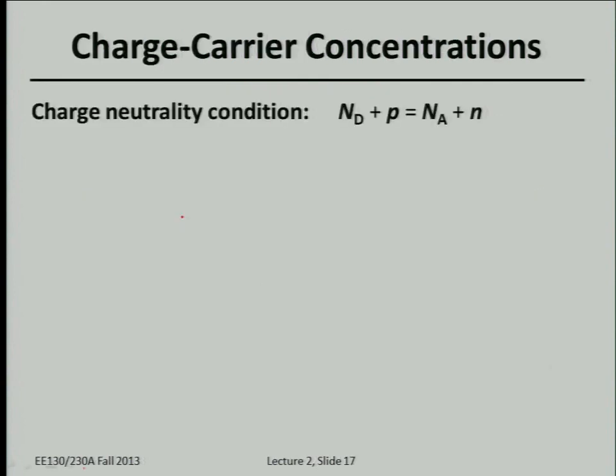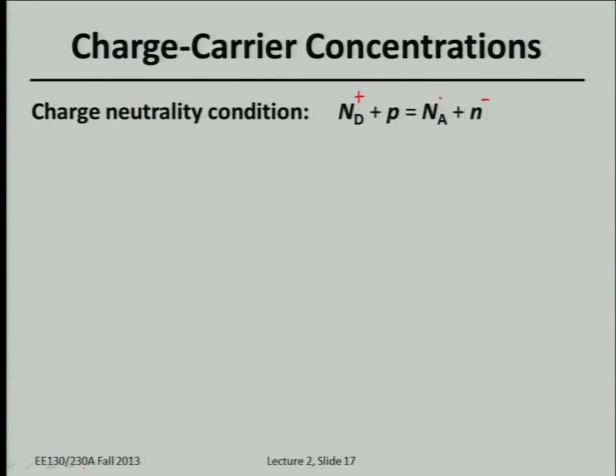Charge carrier concentration. As I mentioned, every time a donor donates an electron, it becomes ionized and is positively charged. An electron is negatively charged, so the concentration of electrons and donors should initially be the same.